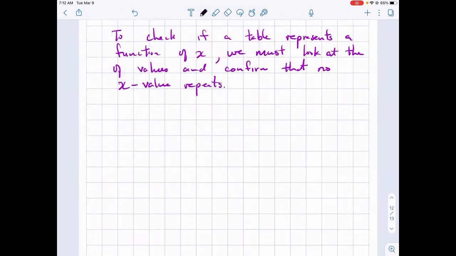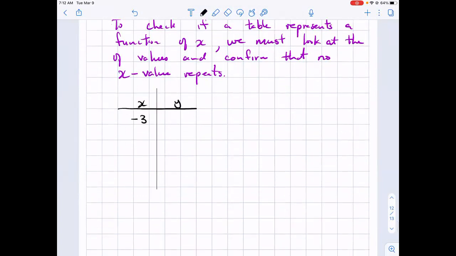So if we look at two tables here, okay, so x and y. Let's say we have minus 3, minus 2, minus 1, 0, 1, 2, and so on. And if I tell you here the value is 9, here the value is 4, here it's 1, here it's 0, here it's 1, here it's 4.